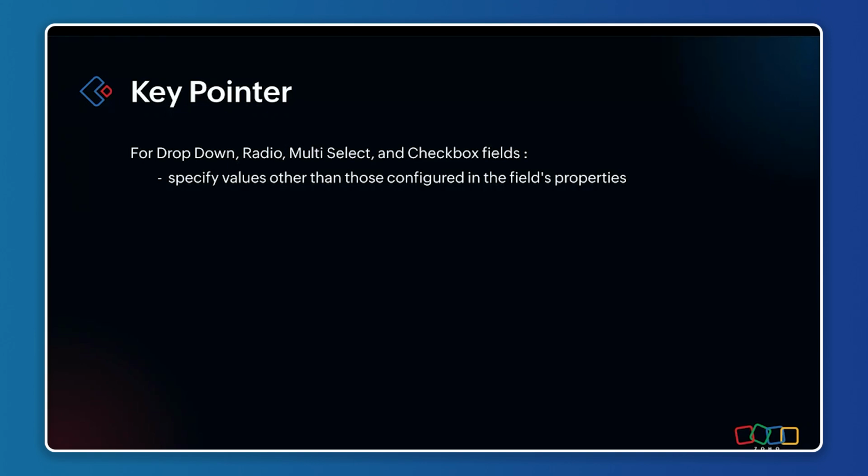In the field properties, you would have defined the list of values for the drop-down, radio button, multi-select and checkbox, right? Apart from this, if you're using a different value, that field will get updated only in the records, and it will not get updated in the master data, even if you have given allow other values. So you can specify the values other than those configured in the field property.